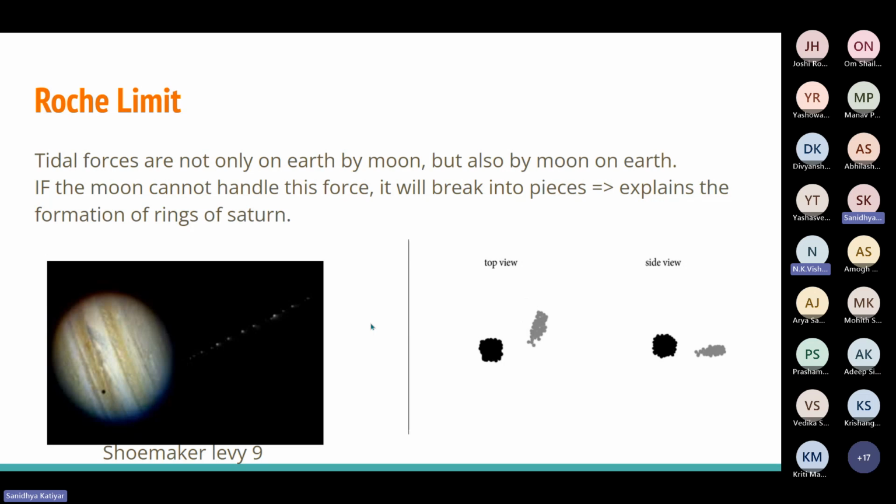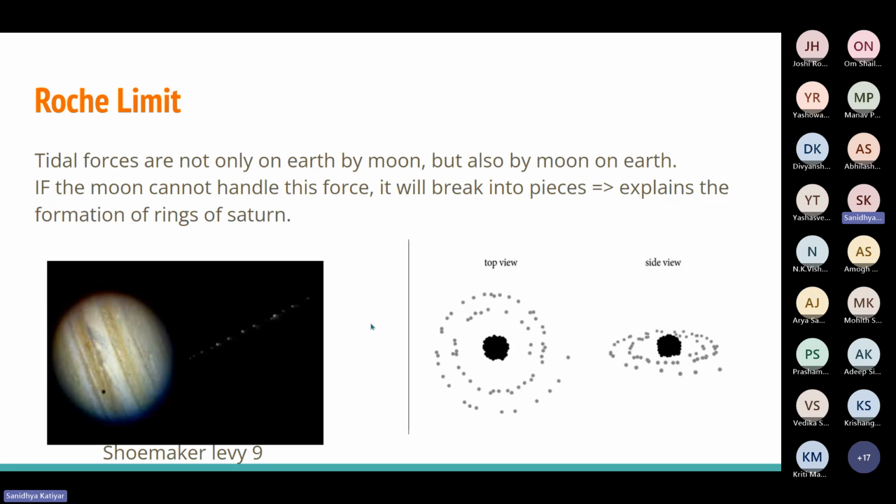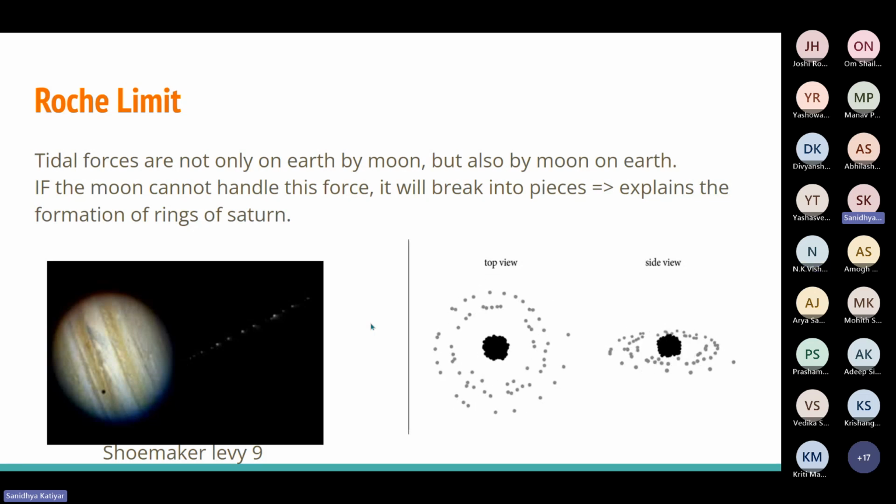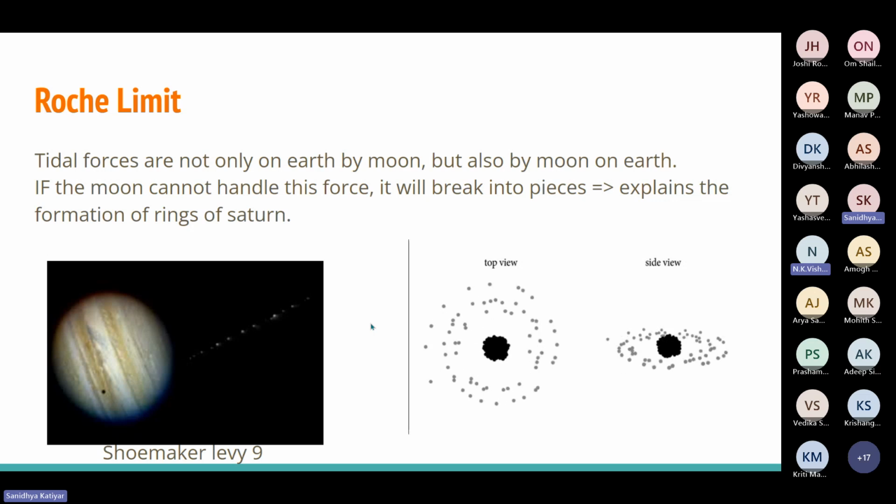You can see that first it becomes an ellipse, and then it starts splitting apart. So you can see how it actually forms a ring.